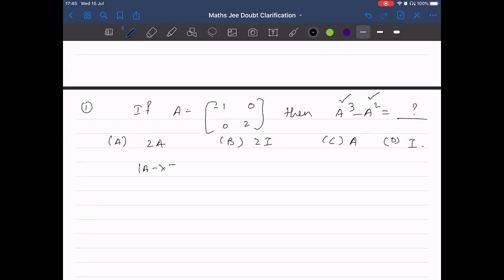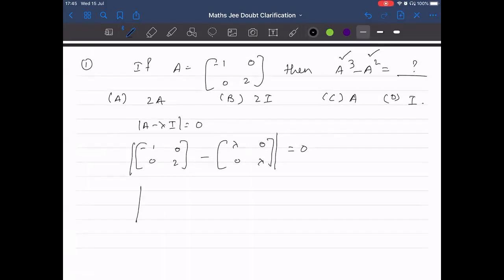The characteristic equation of the matrix is A minus lambda I equal to 0. So it is minus 1, 0, 0, 2, minus lambda into I, which is lambda, 0, 0, lambda. I'm just multiplying lambda with the identity matrix to make it equal to 0. So we have minus 1 minus lambda, 0, 0, and 2 minus lambda equals 0.